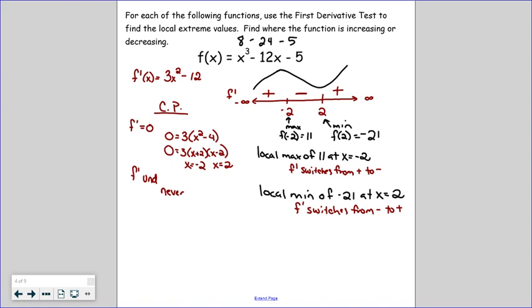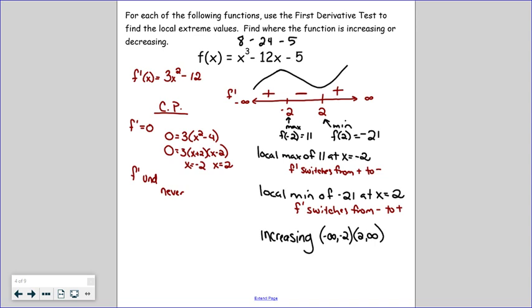Okay. Second question. Where is the function increasing or decreasing? Our increasing intervals would be anywhere that our derivative is positive. Our derivative is positive here, so negative infinity up to negative 2. It is also positive here, so from 2 to infinity.